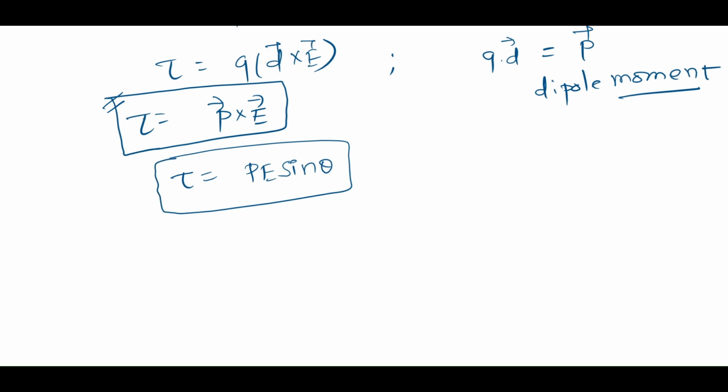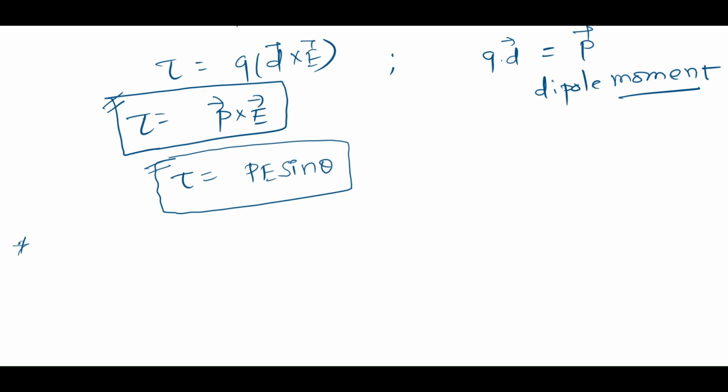Okay, so in conclusion, we can say that the torque acts perpendicular to the plane containing the line joining points A and B and the electric field vector.